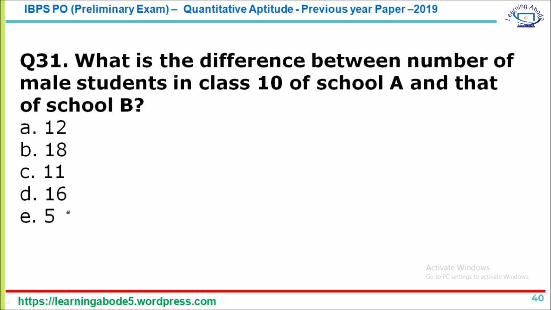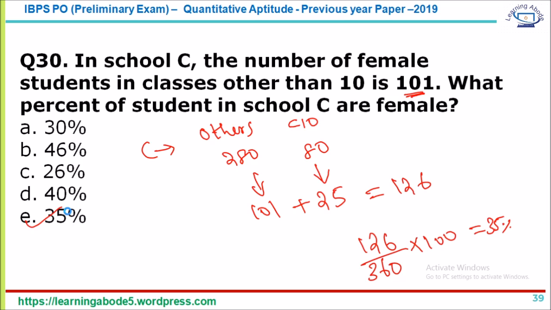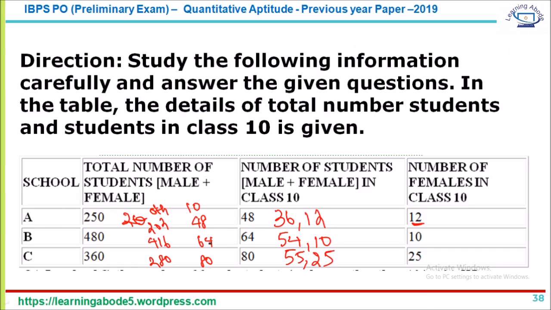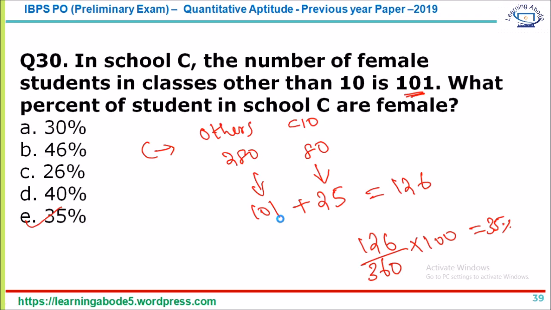Now what is the difference between the number of male students in class 10 of school A and that of school B? So the question is between male class 10 of school A and school B. Now school A male is 36, school B male is 54. So 54 minus 36 is 18.